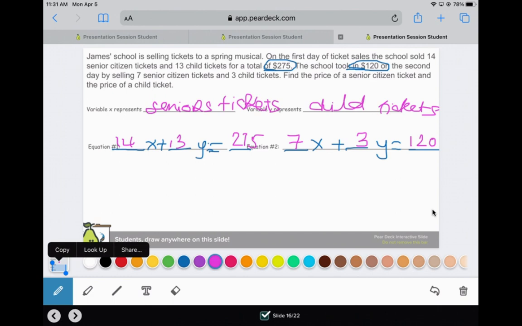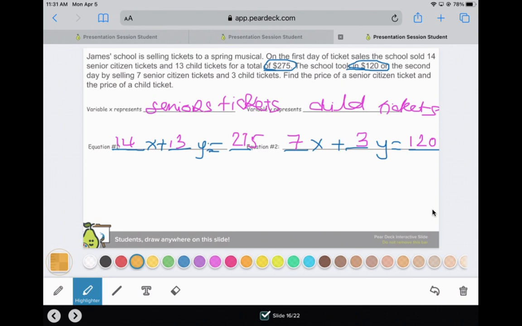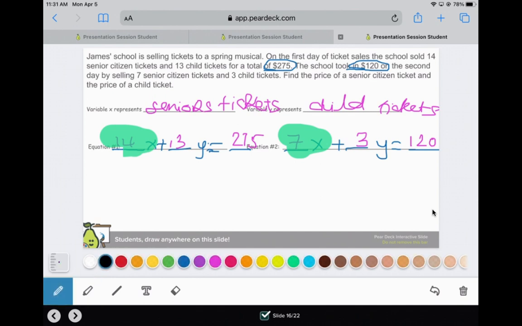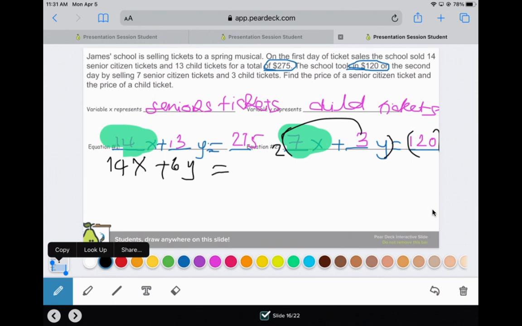Okay. So when I do this, I'm looking at my coefficients. I see the x values. The 14 is a multiple of 7, so that is the one that I want to multiply. 14 times 2, that's what I would do. So I multiply this by 2: 14x plus 6y equal to 240.